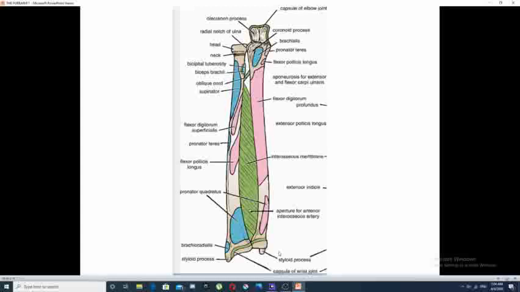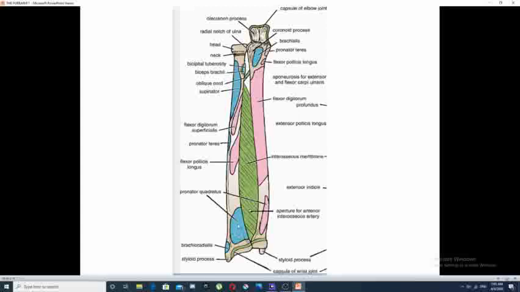On their anterior surface, they give attachment for the flexor group of the muscles of the forearm, like the flexor digitorum profundus, flexor digitorum superficialis, and flexor pollicis longus, which represent the superficial group of the flexor muscles of the forearm.